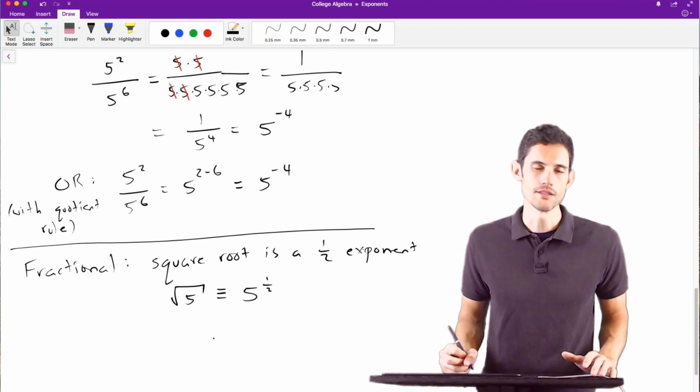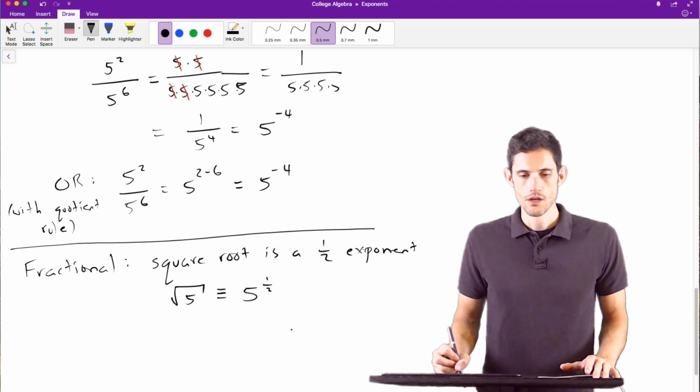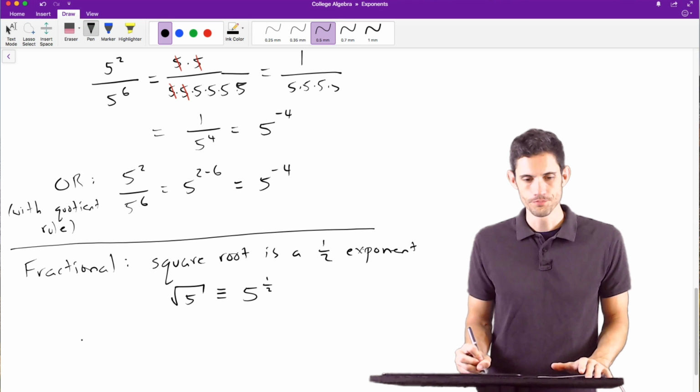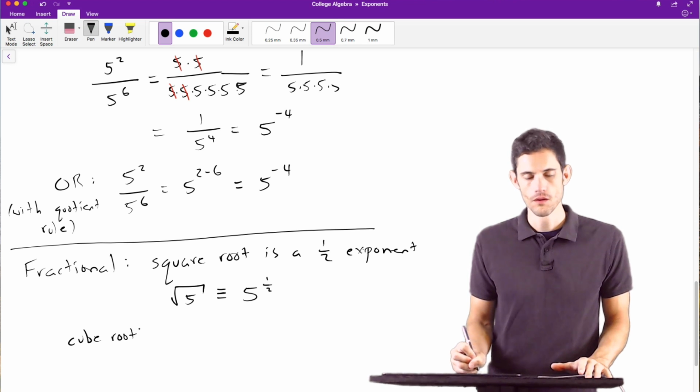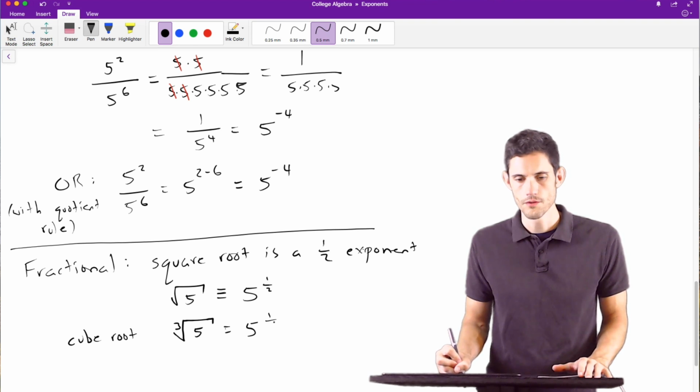It's like saying it's a definition or it's congruent or something like that. And if you write a cube root, you'll see the little 3 up there. Well, that is 5 to the power 1/3.